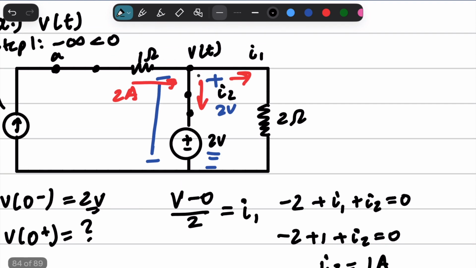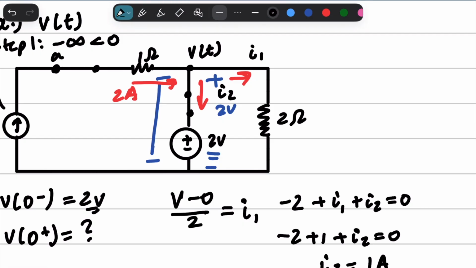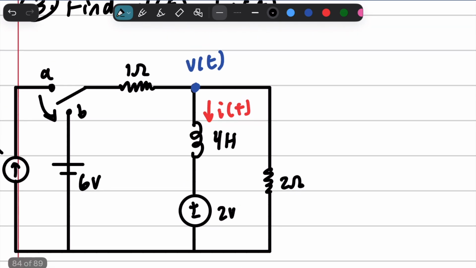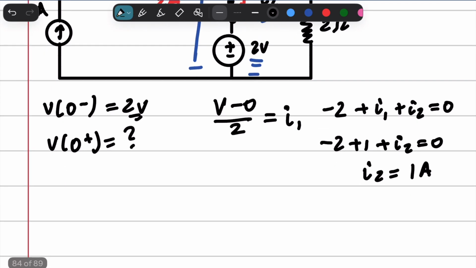And so we have down this branch right here, and we're trying to analyze the current down this branch right here. Not this branch, not this branch, but this branch right here, okay? So we are going to use this 1 amp right here.